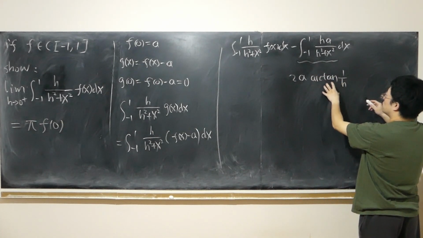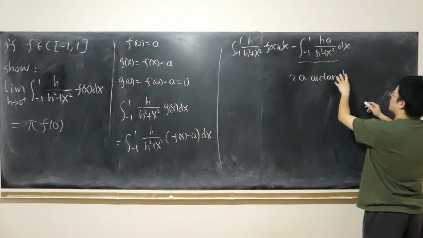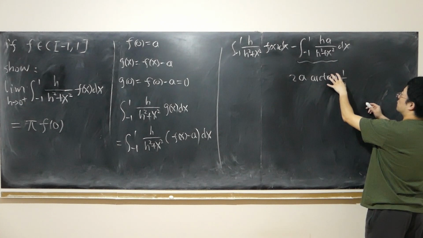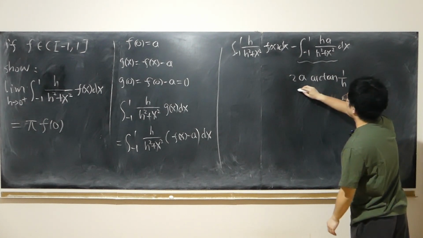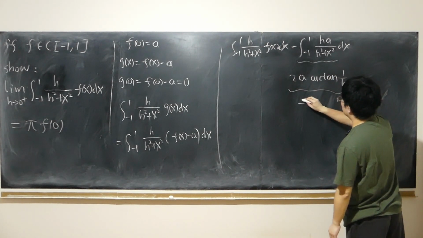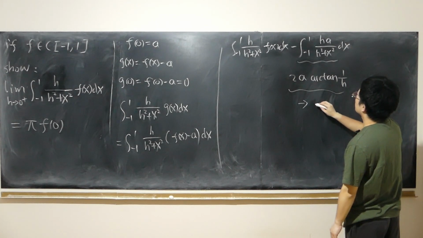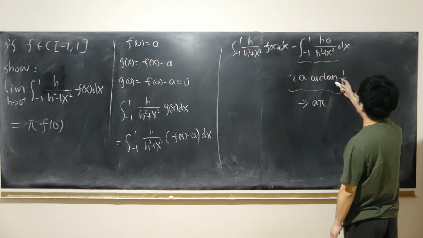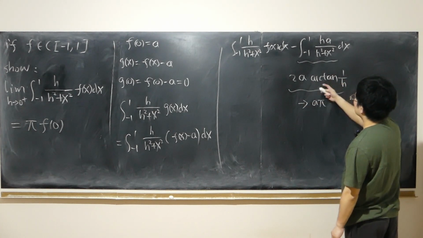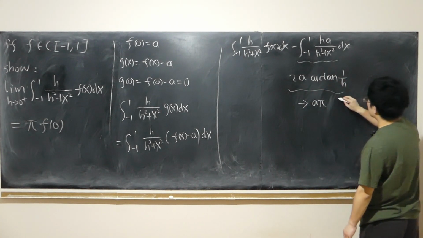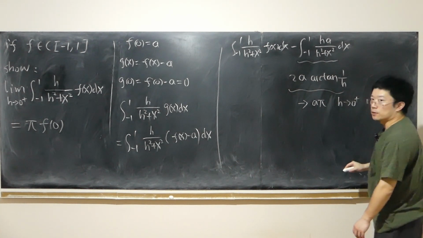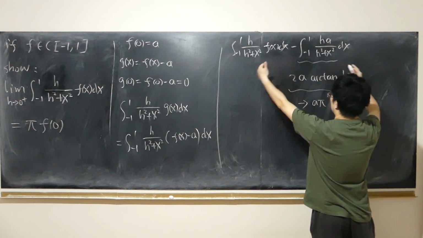But as h approaches 0 from the right hand side, 1 over h approaches positive infinity, arctangent of positive infinity is half pi, right? So this approaches a times pi, half pi, 2 and 2 cancel out, a times pi, as h approaches 0. But the whole thing approaches 0 already.